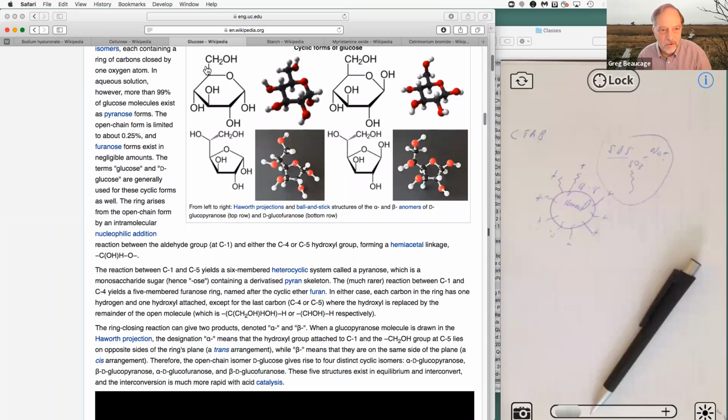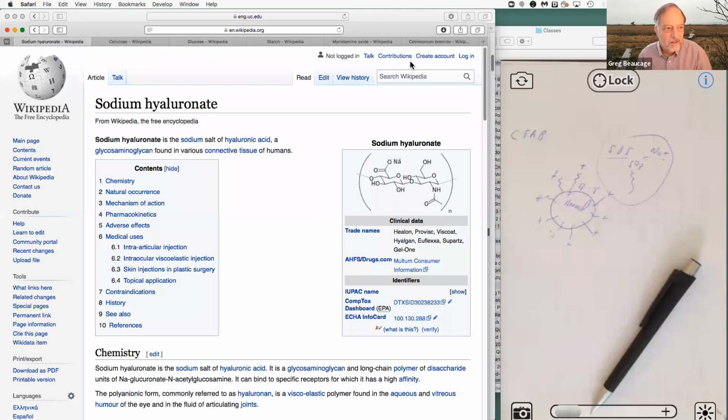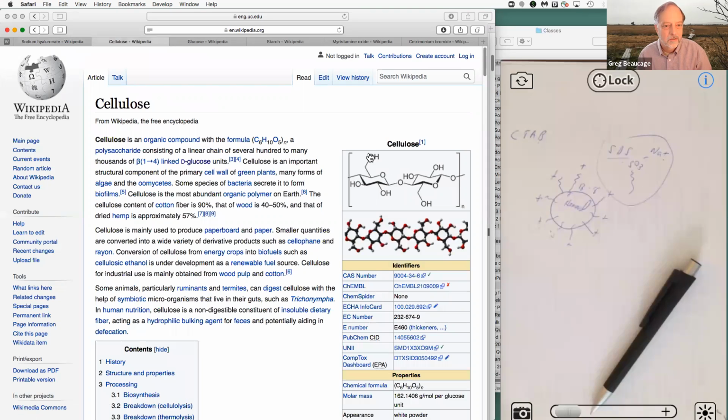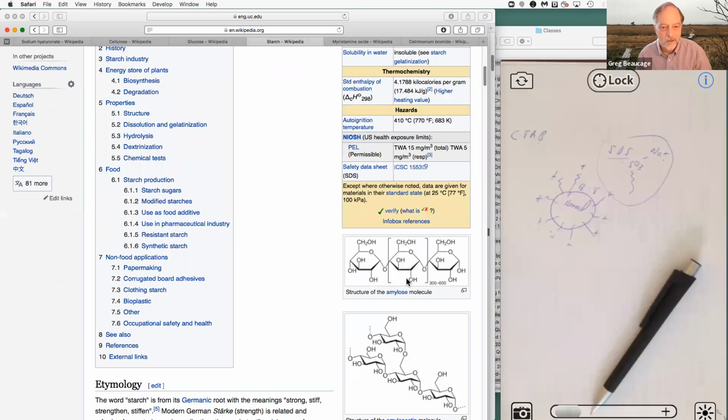So that has a glucose unit in it, as does cellulose, which has that same kind of ring with some hydroxyl sticking off, and starch has the same ring in it, right? So there's a lot of biomolecules that have this 6-member hetero ring with oxygen, and then some hydroxyl groups sticking off.